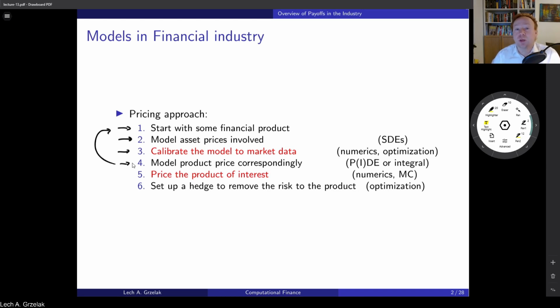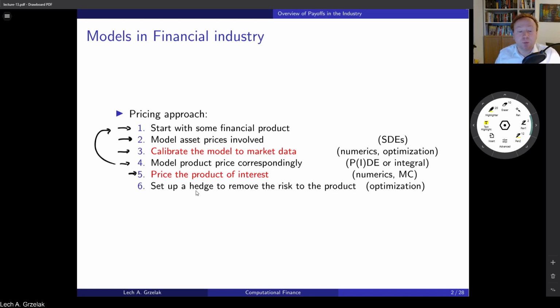Or, for example, we can do it with Fourier, depending, of course, on the type of payoff. So this is the model, product, price correspondingly. Then we price our product of interest. Once we specify the most suitable technique to price and hedge, then we price our model number one. So we specify the model and we price it here. Here we choose what kind of technique we want to use for the evaluation of our payoff.